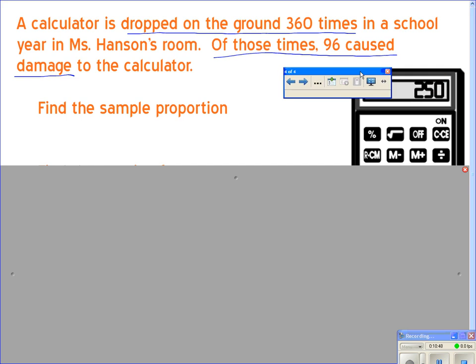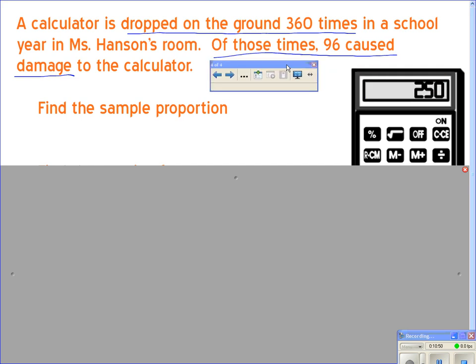How are we going to find the sample proportion? We did this at the beginning of the notes. What would we do? Let's write it as a percent.